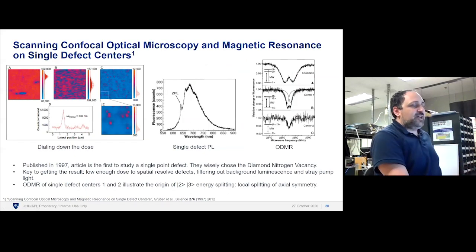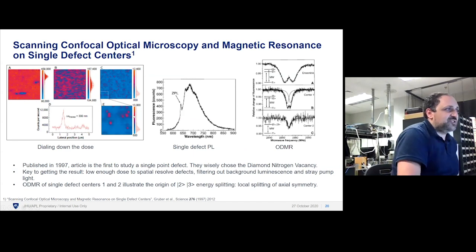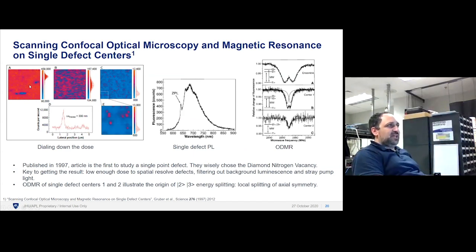So I think I had enough time to talk about this article, but I'll briefly talk about it again. Here they took a piece of diamond and they decreased the amount of irradiation they did to the diamond till it was so low that they could see single defects. So this is a single nitrogen vacancy. And here they took a line scan across it to see how big that single defect was.